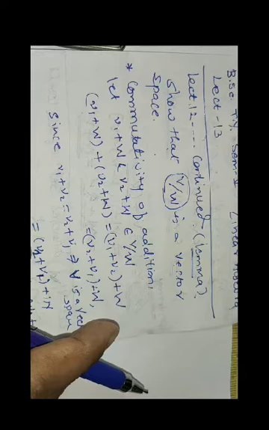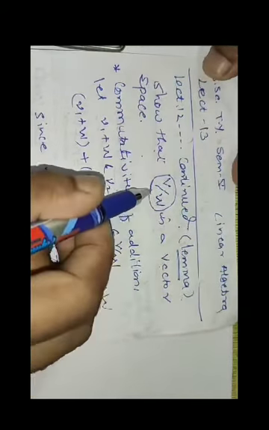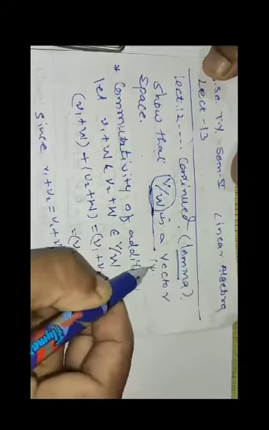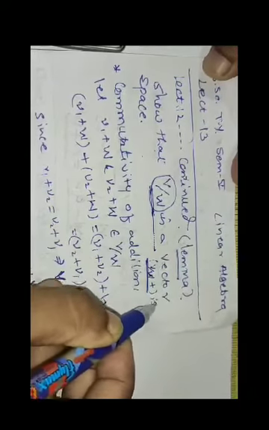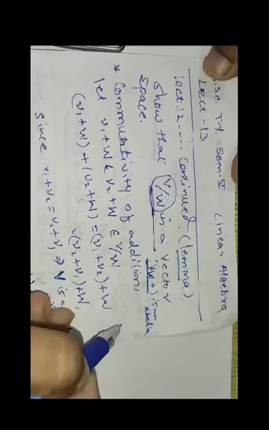That means it is true for any elements of V by W. Now our target is to show that V by W is a vector space. If V by W is a vector space, then it must be necessary that V by W with respect to plus is an abelian group. This is our first target.